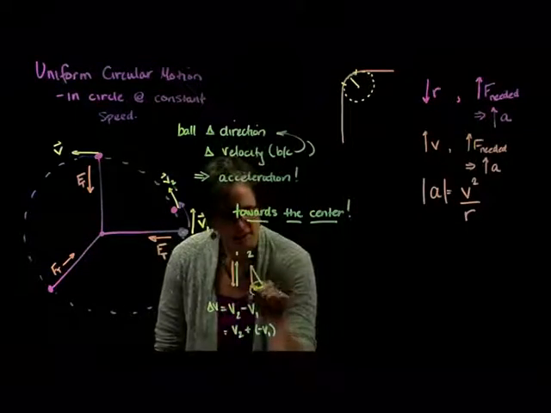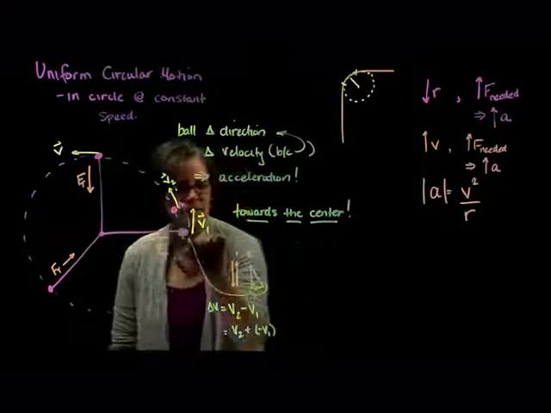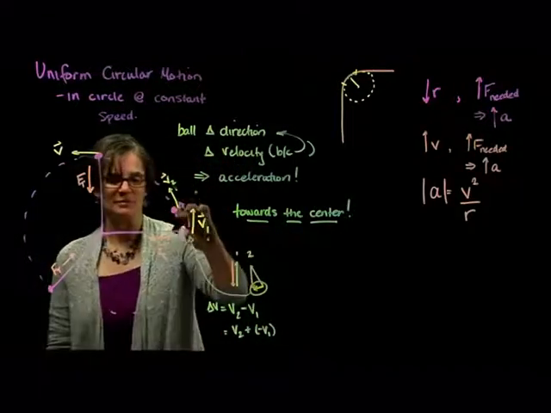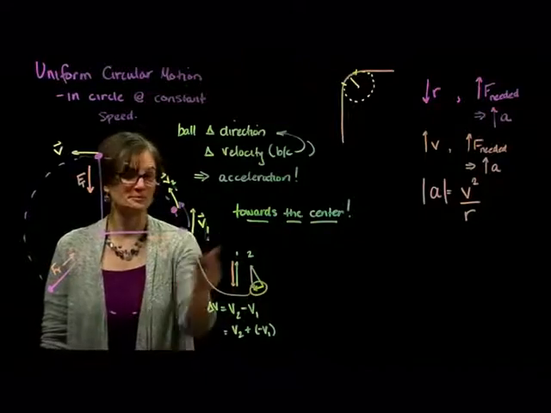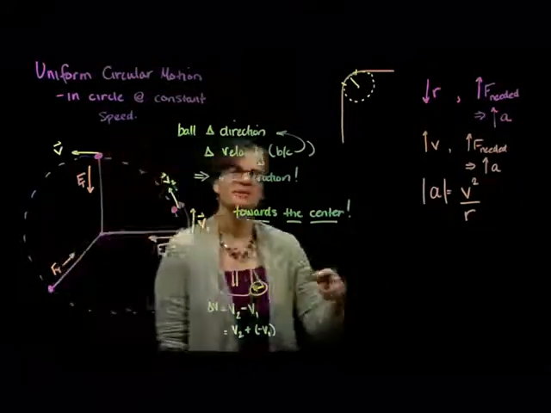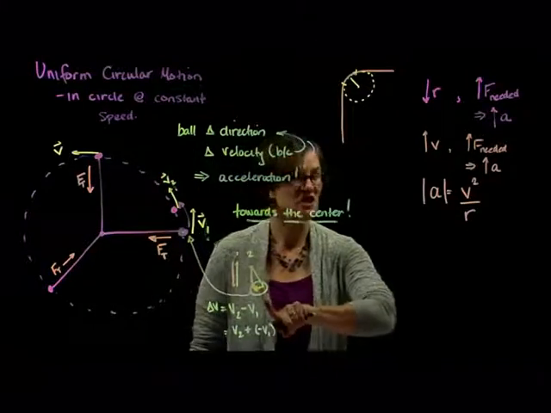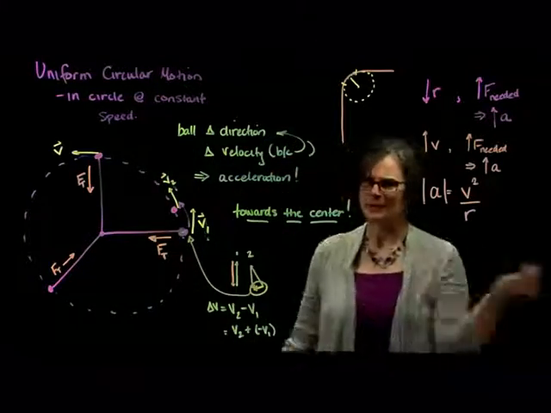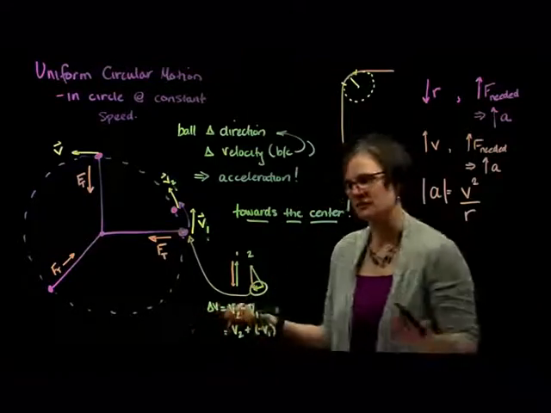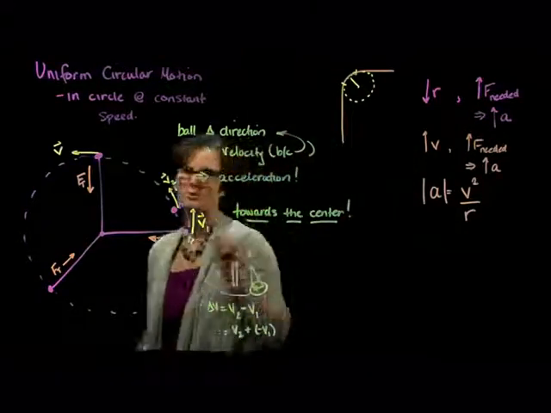So if I look at this resultant vector and I put it up here at the location of v1 where I'm changing it between here, what direction do we see? It's towards the center. So we can do that at any point in the circle, and we'll see that the change vector, which is related to my acceleration from a definitional standpoint, right? The acceleration is the change in velocity, is indeed towards the center.